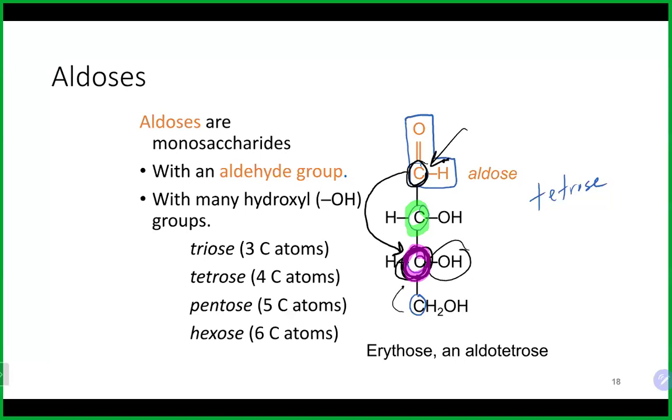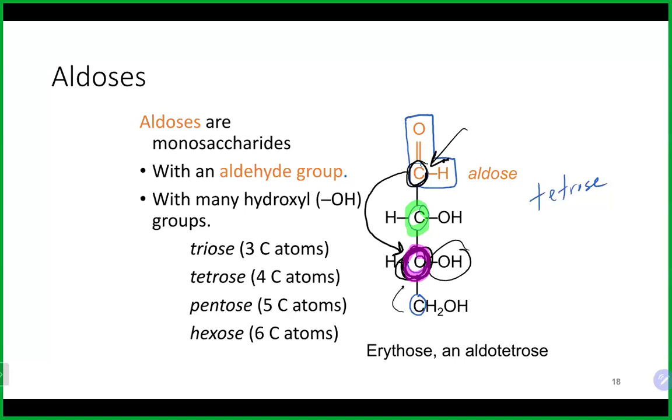It'll all be attached together, carbons to carbons to carbons straight down. If you had more carbons, then it would maybe be a hexose or something like that. But if your question is about organic chemistry, where you have branches coming off the main part, you really won't come across that with carbohydrates, at least not in this class.